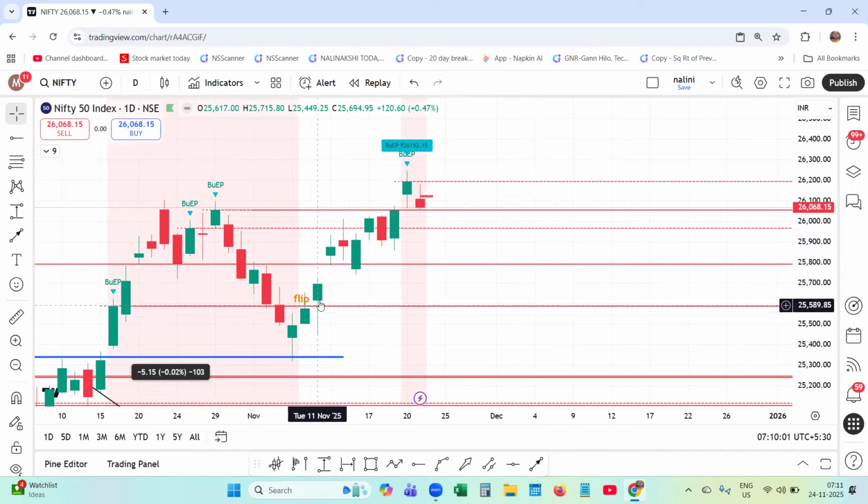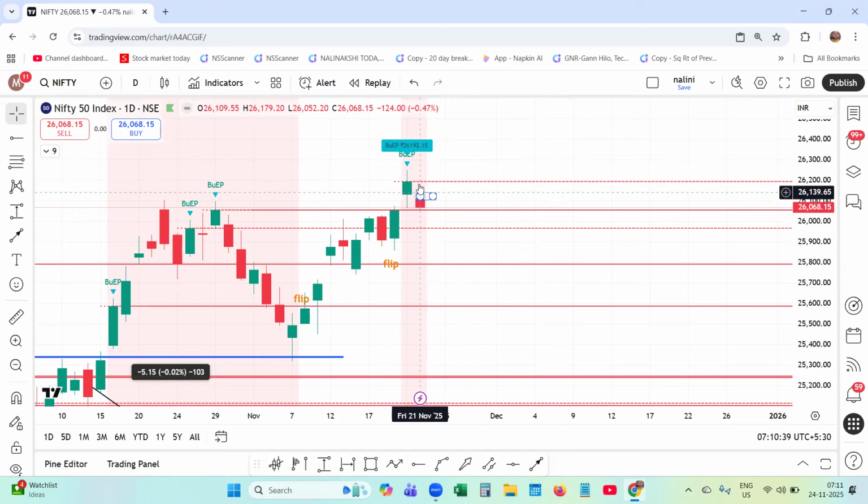Now, after this was the latest. If you go to the latest bullish episodic pivot, the market broke above this level and a new bullish episodic pivot has been formed, triggered. This is the level where the new level has been formed.